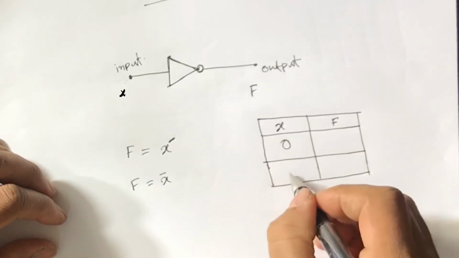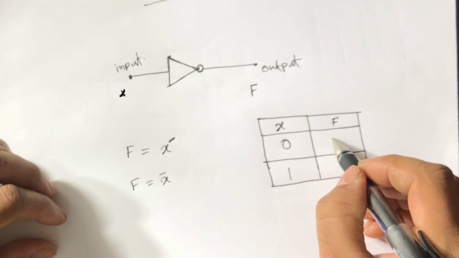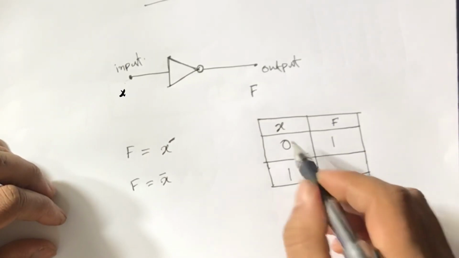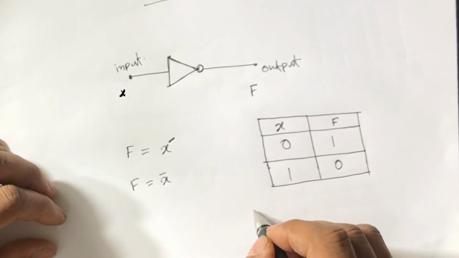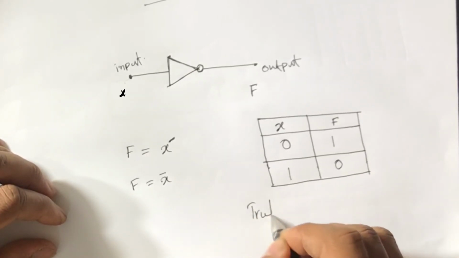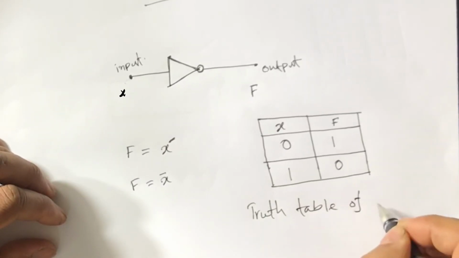One is 0, another is 1. So when X equal to 0, the output is 1, and when X equal to 1, the output is 0. So this is the truth table of NOT gate.